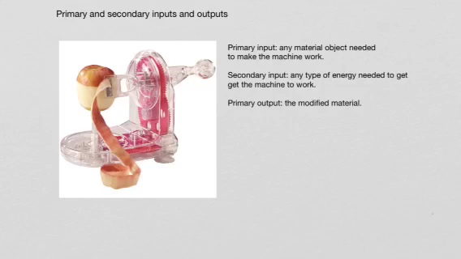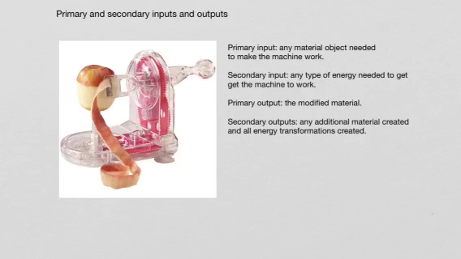In this case, the modified object is the apple. How is the apple changed after we've used the machine on it? The apple is peeled. So the primary output is the actual modified material.